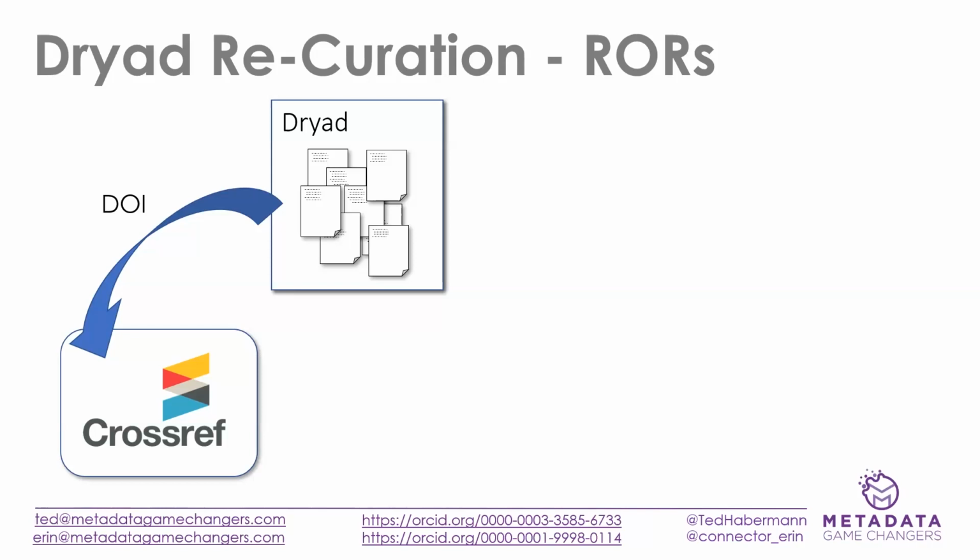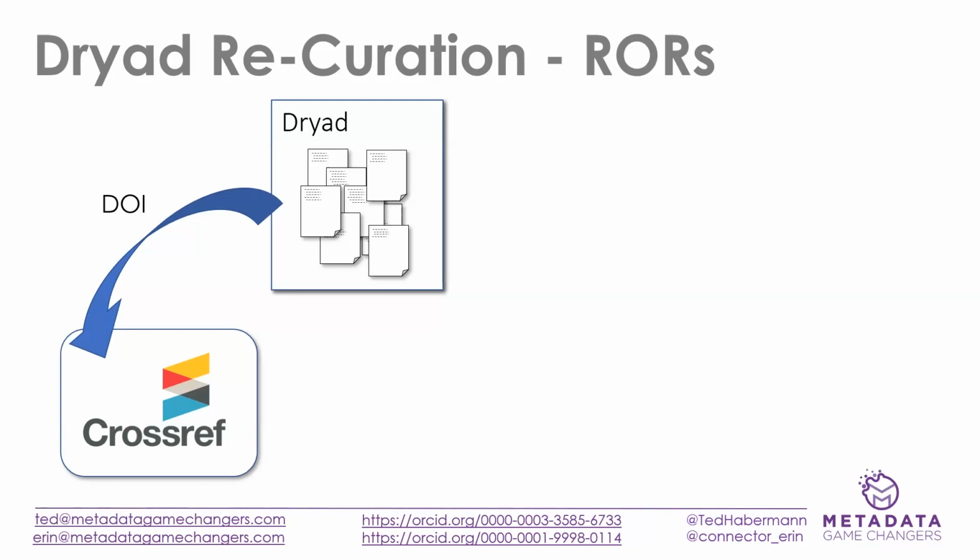Nice thing about Crossref is it has journal metadata, metadata for journal articles, and one of the most super important things at Dryad since the beginning has been having a DOI for that paper, that connected paper.